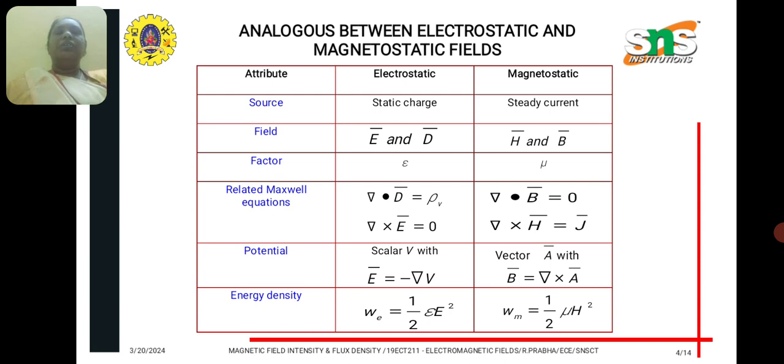Now we want to see the analogy between electrostatic and magnetostatic fields. In electrostatics, the source is static charge, but in magnetostatics it is a steady current.